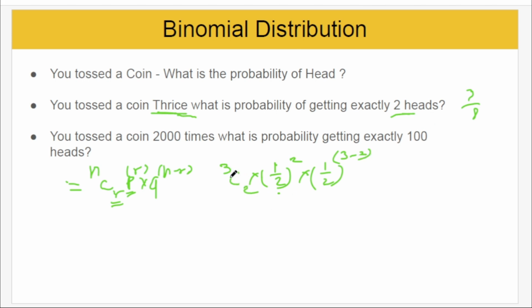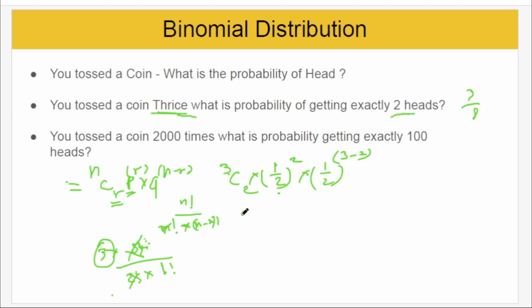Now, 3 choose 2. We have seen that the formula is n factorial divided by r factorial into n minus r factorial. This is 3 factorial divided by 2 factorial into 1 factorial. It is 3 into 2 factorial; 1 factorial is 1, and 2 factorial cancels, remaining 3.